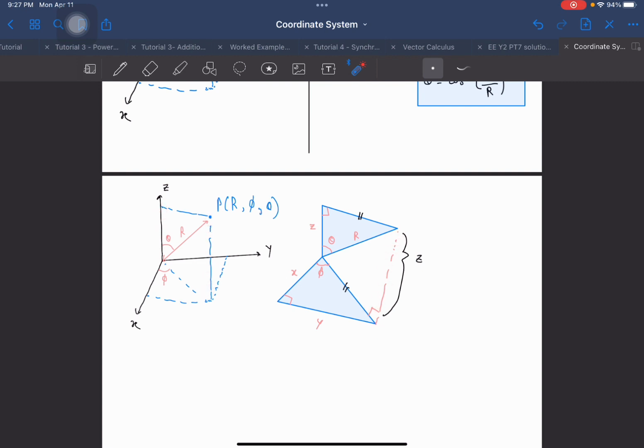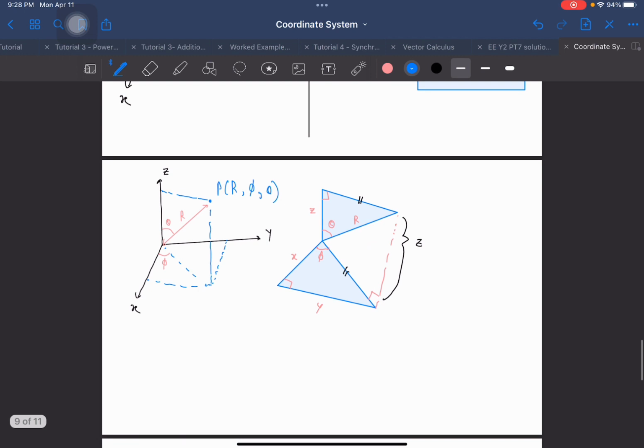Okay, so now let's apply the sine theta, cos theta, everything to it.